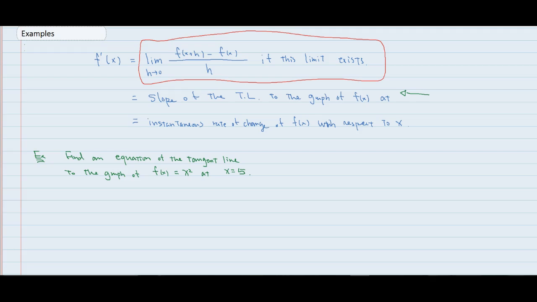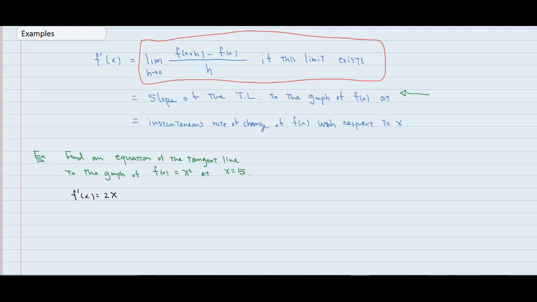Let's say that you have this problem. Find an equation of the tangent line to the graph of f of x equals x squared at x equals 5. Earlier, we computed f prime of x as a function, so we know that f prime of x is 2x.